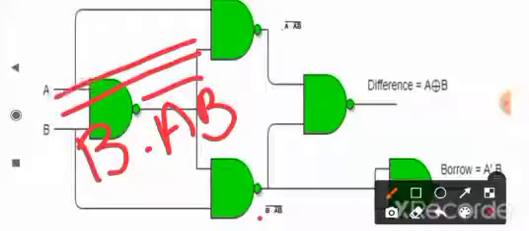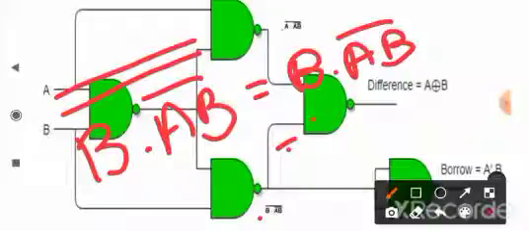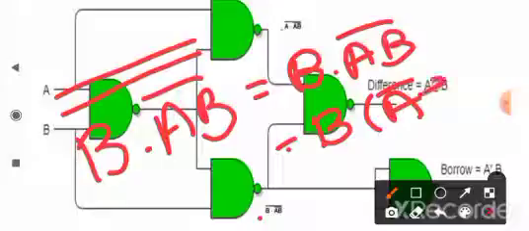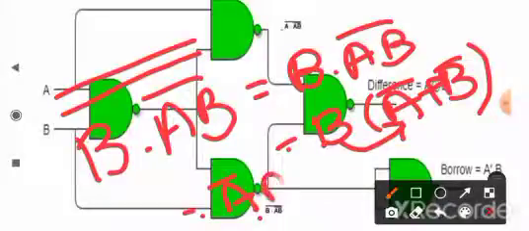B dot AB complement double complement is equal to what? B dot AB complement. So here we can apply De Morgan's theorem. B into A complement plus B complement. Then multiplying this out, we get A complement into B plus B into B complement.